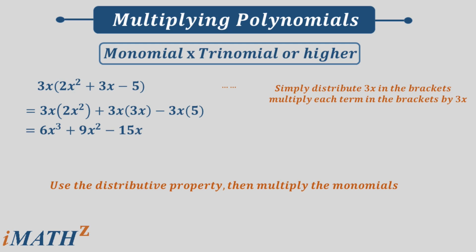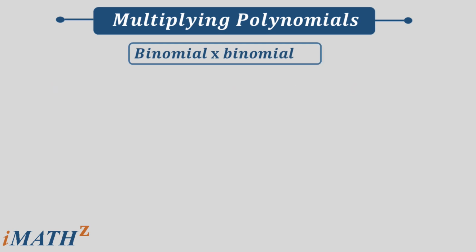The next frequently occurring problem in multiplying polynomials is when we have to multiply a binomial times a binomial. In such a case, we have to distribute each term found in the first bracket into the second bracket.